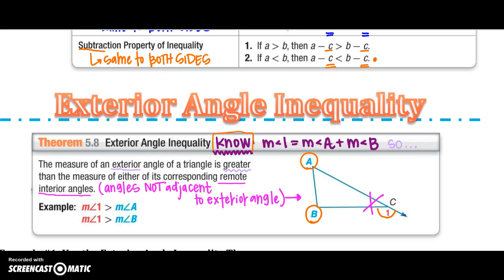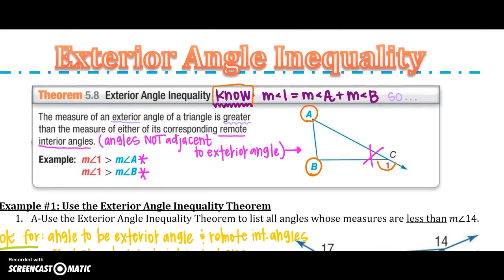So this theorem says that the measure of angle 1 is greater than A, which is one of the remote interior angles, and is also greater than B. We need to make sure we remember that. All right, let's look at some examples.